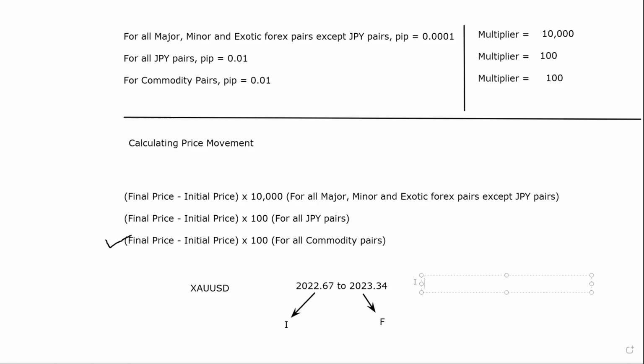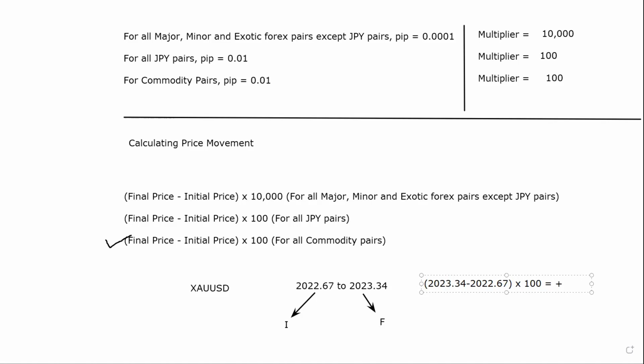So we're going to write it down. Okay. We're going to calculate it. So that would be 2023.34 minus 2022.67. Okay. And we're going to multiply it by 100. And let's see what answer we get here. So 2023.34 minus 2022.67, and we're going to multiply it by 100. We got it.